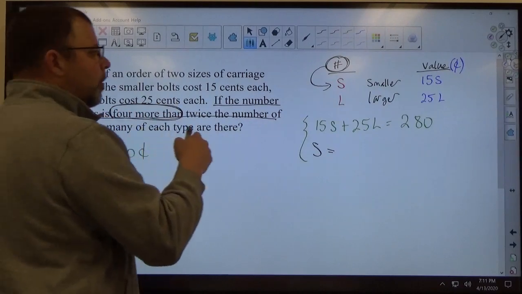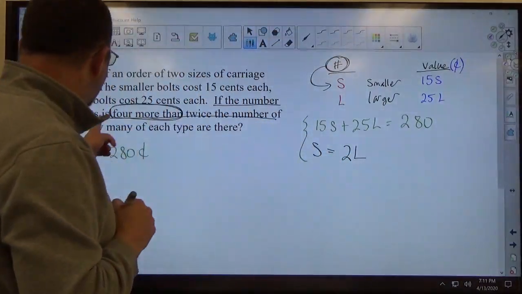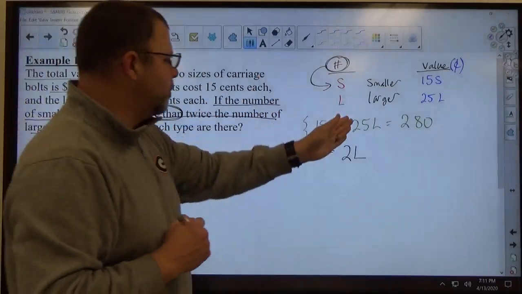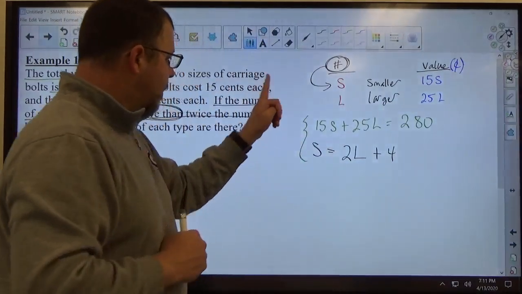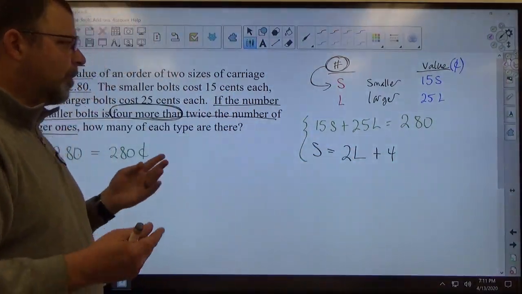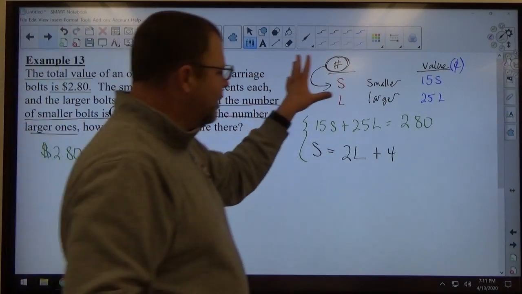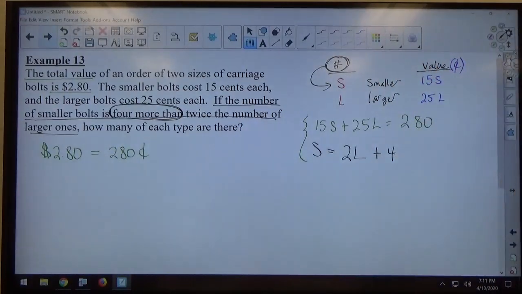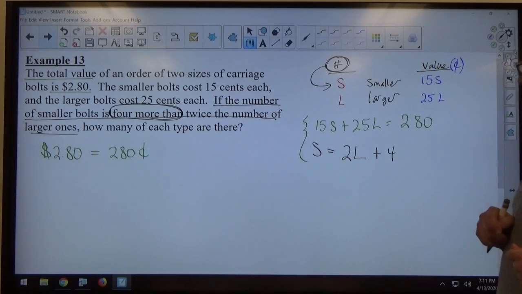Twice the number of larger ones, that's 2L, and the 4 more happens after the equals sign, so we put a plus 4 at the end. The number of smaller ones is 4 more than twice the number of larger ones: S equals 2L plus 4. So just like that, we have a system of equations. This is how you set up your unknowns when you get a number fact and a value fact, so make sure you use that technique.